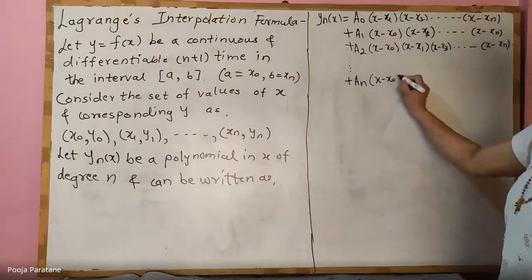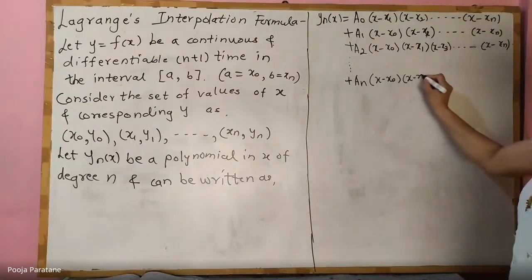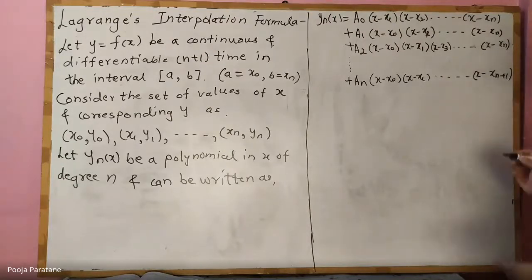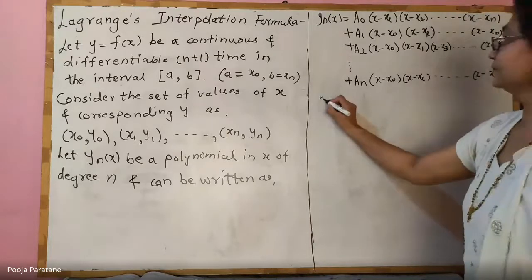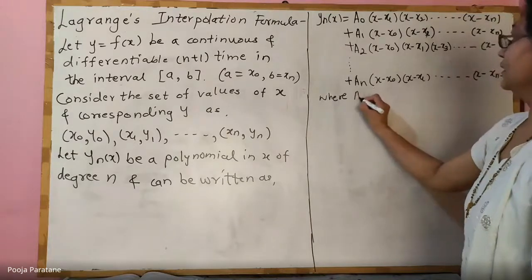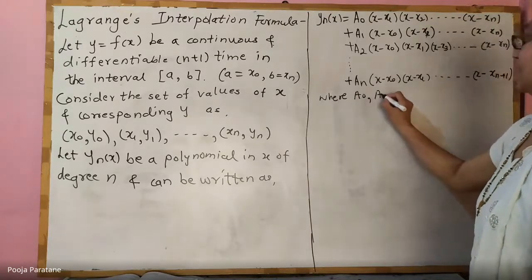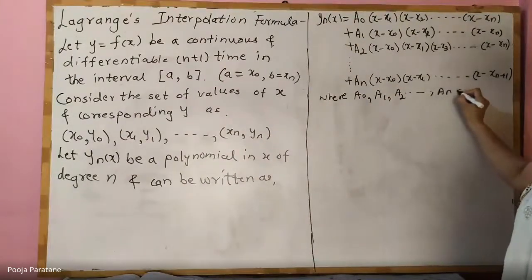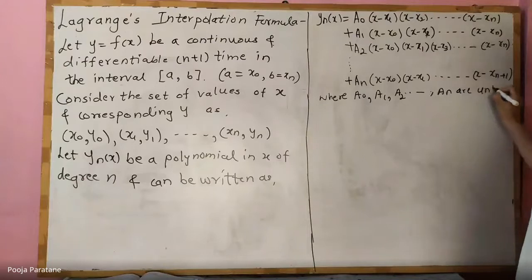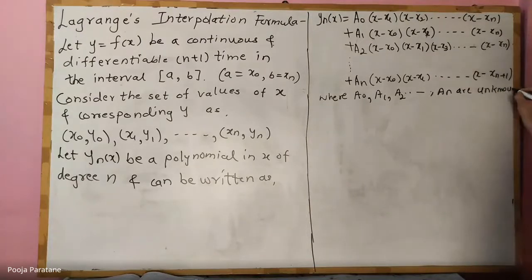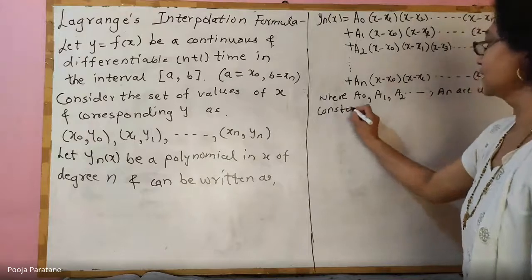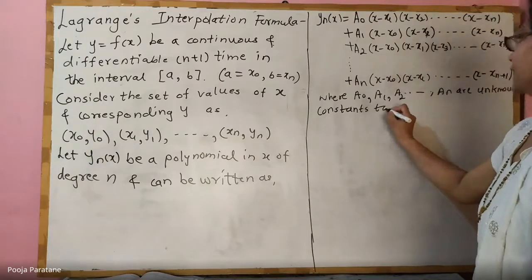For the last term, (x minus x0)(x minus x1) up to (x minus x(n minus 1)), where a0, a1, a2, up to an are unknown constants to be determined.